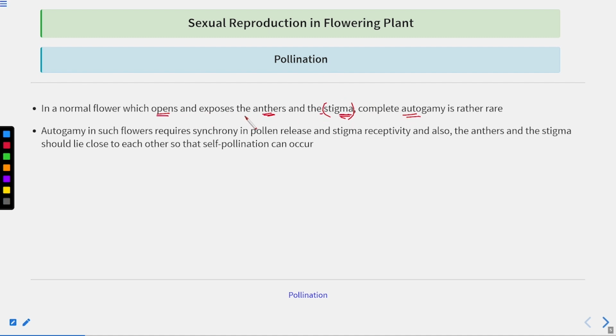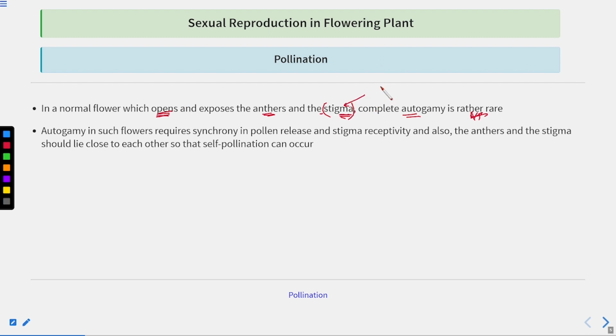If the flowers are open and the anthers and stigma are exposed to the environment, then complete autogamy is rather rare. It will promote cross pollination. So open flowers mostly show cross pollination because their stigma is exposed and the pollen from another plant can land on the stigma.